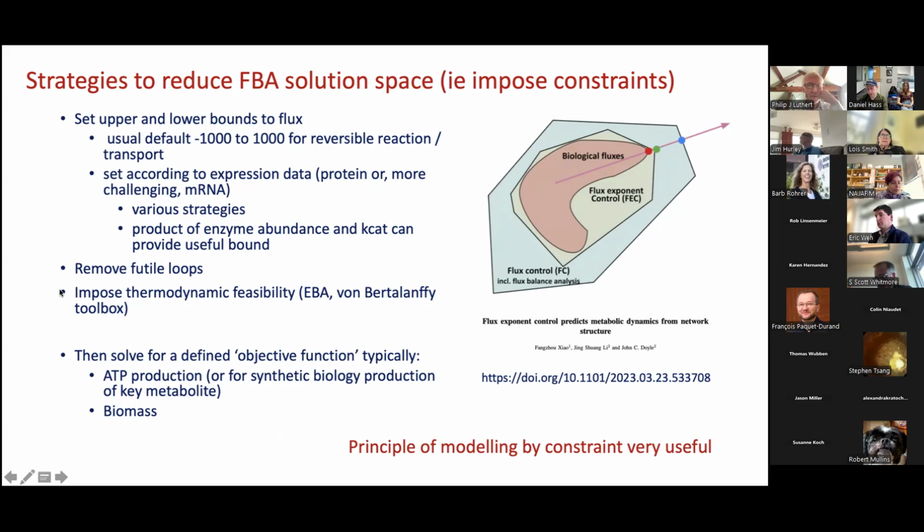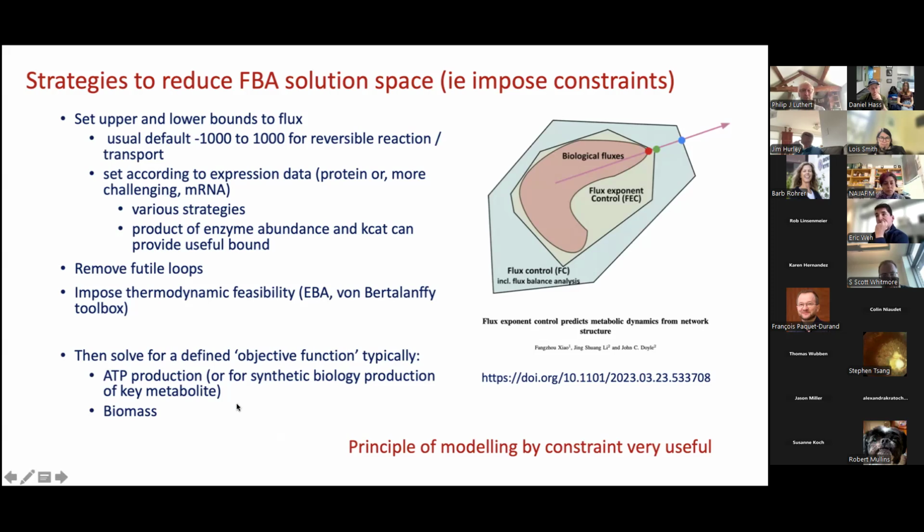ignore that reaction. It's very easy for the solvers to generate futile loops, and there are tricks to get rid of that. And you can also impose thermodynamic feasibility so that infeasible solutions are excluded.